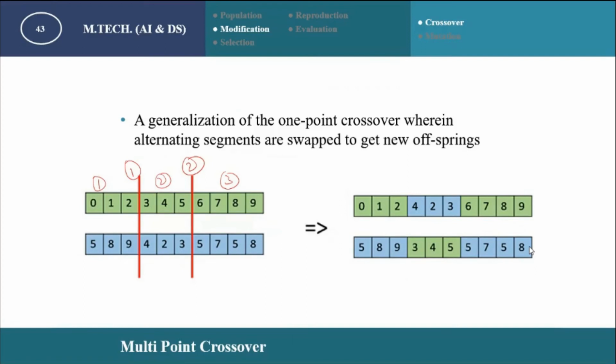But this particular case is known as 2-point crossover. If you are using 3 crossover points, then it is known as a 3-point crossover. So likewise, you can increase the number of crossover points, and the name also changes. A generalized term is multi-point crossover.